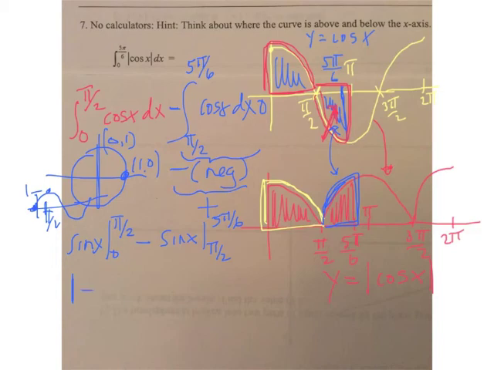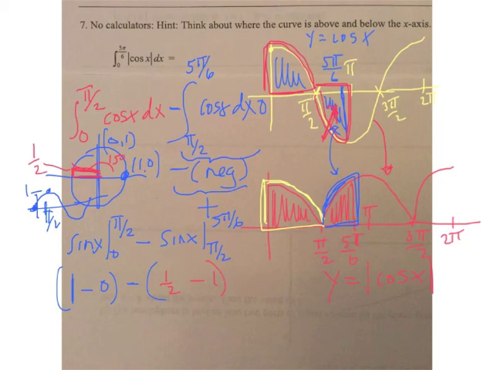So 1 minus 0, minus the sine at 5 pi over 6. That's over here on the unit circle, and that's equivalent to 150 degrees, which means I have a 30-degree reference angle. Sine is the y. This is going to be a half. So minus a half, minus, we already figured out that the sine at pi over 2 is 1.